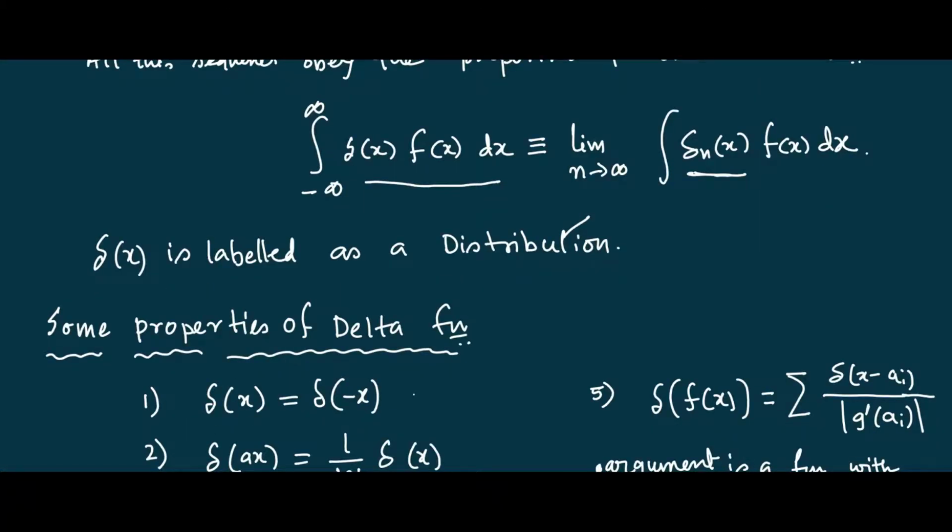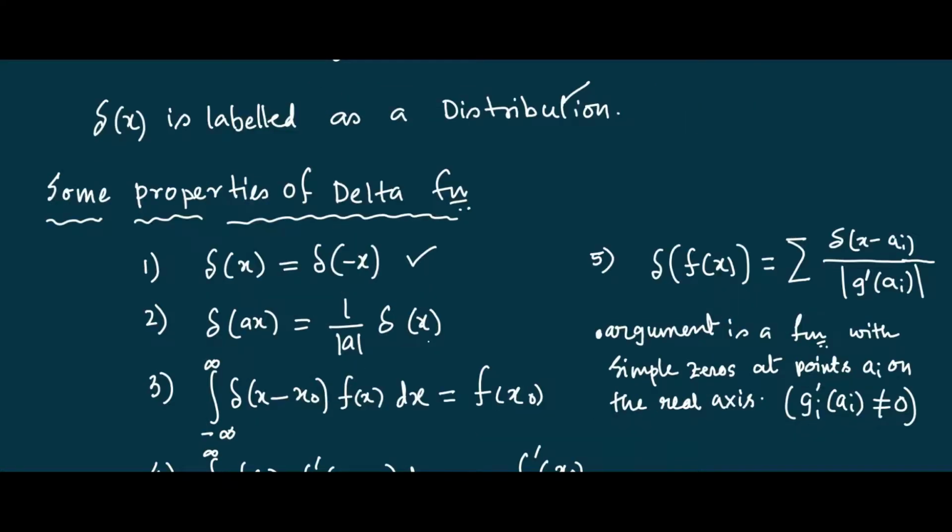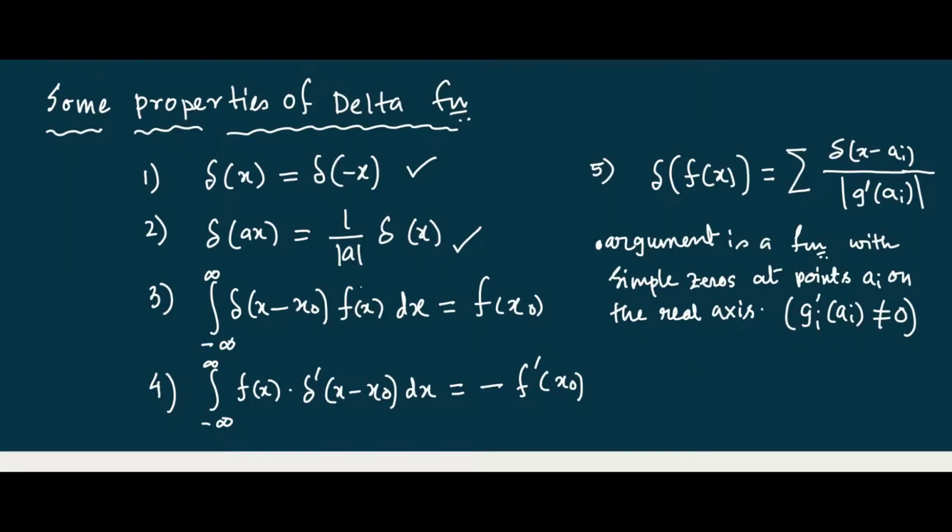Some properties of the delta function, I am not going to prove these. Delta(x) equals delta(minus x), and you try to prove this; it is a standard thing. Delta(ax) must be 1 over mod of a times delta(x). Also, delta(x minus x naught), shifted to x naught, times f(x) dx gives the value of the function at x naught.